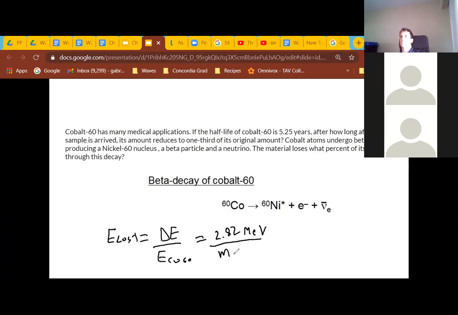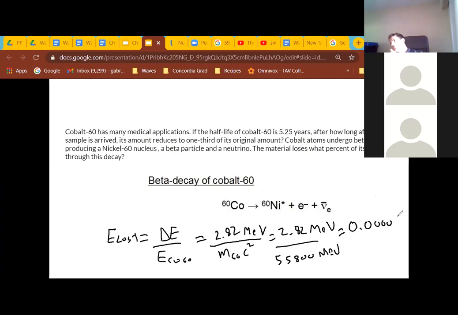The E of cobalt 60 is just its rest energy, which converted to mega electron volts is huge. It's about 55,000 mega electron volts. So this fraction of how much energy is lost versus the energy of a single cobalt 60 is like 0.00005. So only about 0.005% of the energy is lost per decay, per beta decay.